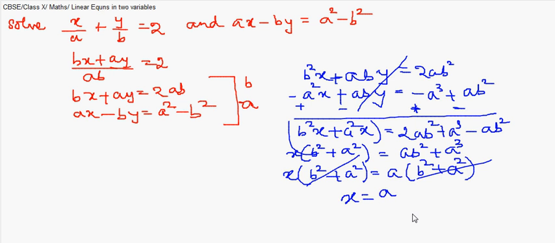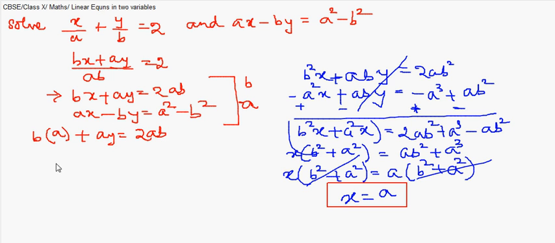We need to find the value of y, substituting this value of x in any of the equations. So let me do it in this one. So b into x is a plus ay will remain as it is equals 2ab.